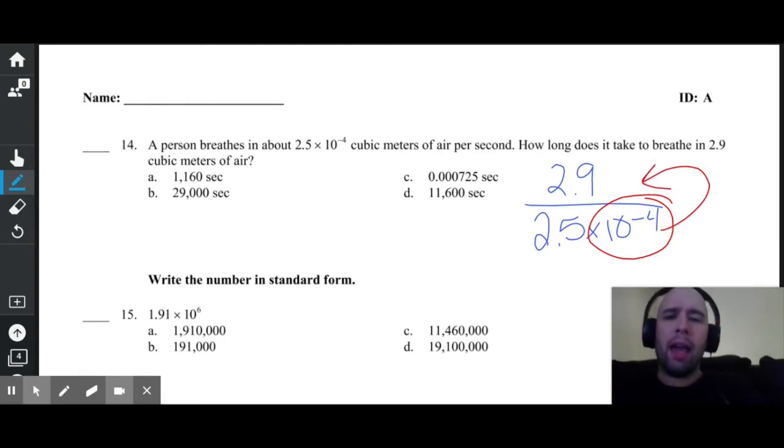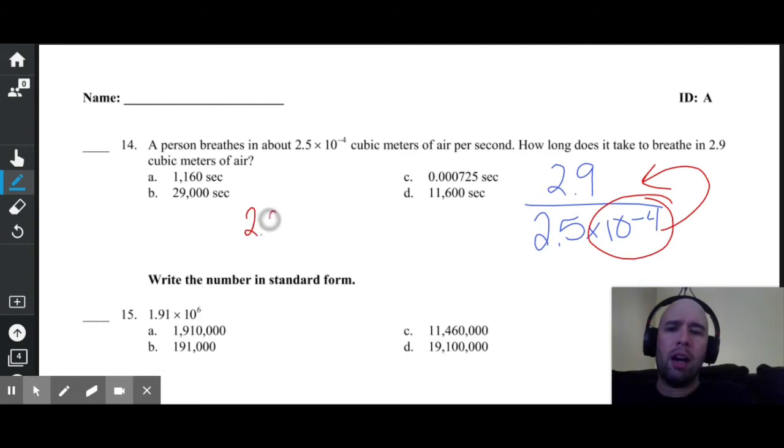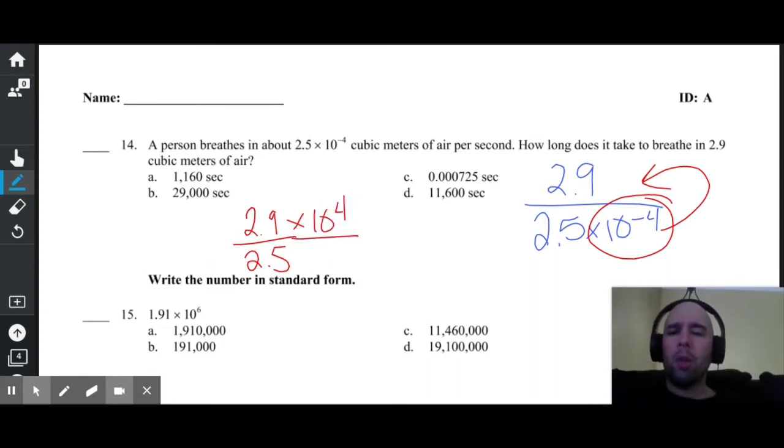So now what I have is 2.9 divided by 2.5 times 10 to the positive 4 up here. I don't know what 2.9 divided by 2.5 is, but it's going to be a little over 1. And looking at my numbers up here, it's not going to be 2 something and it's not going to be 7 something. It's going to be a little over 1.